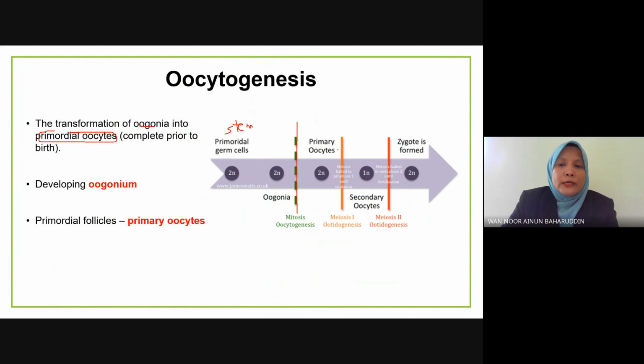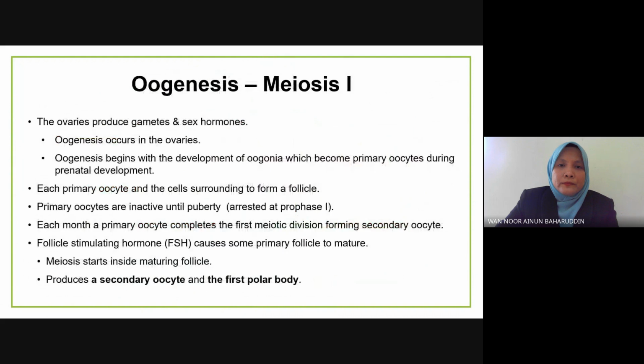Primary oocytes will undergo meiosis only till prophase 1, and this is stopped until puberty occurs. Primordial follicles are the primary oocytes.